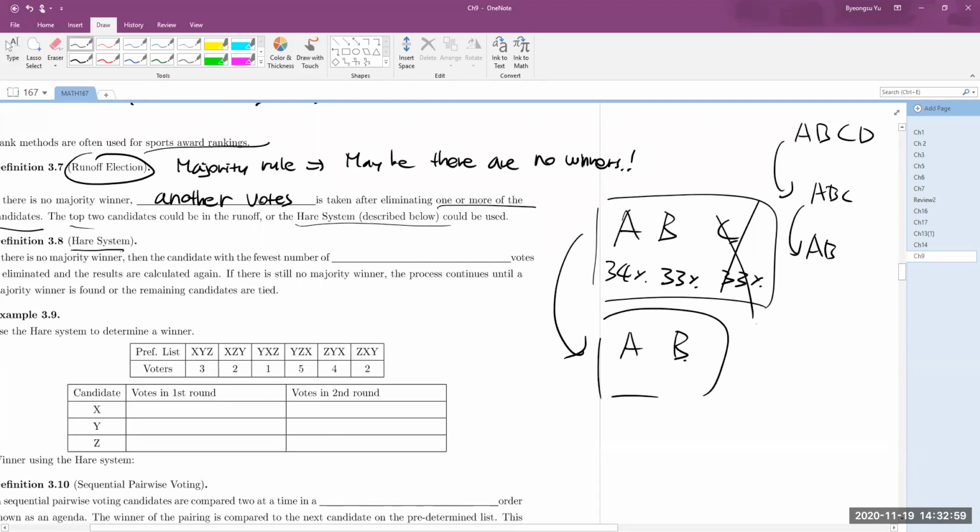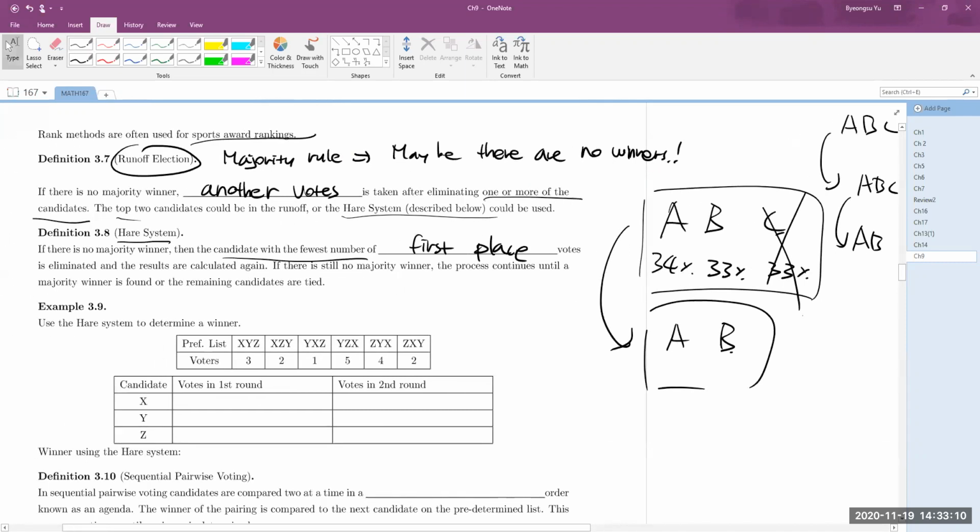In the Hare system, if there is no majority winner, then the candidate with the fewest number of first place votes is eliminated and the results are calculated again.